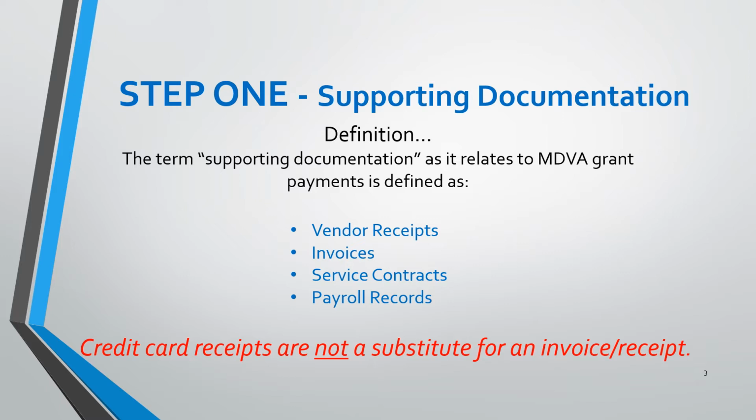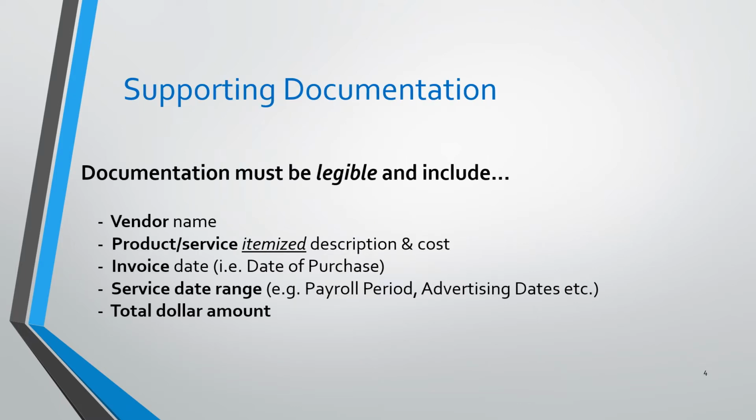Credit card receipts are not a substitute for an invoice. For the supporting documentation to be eligible, it must be legible and include the vendor name and itemized description of the product or service, the invoice date or service date range, and the total dollar amount.